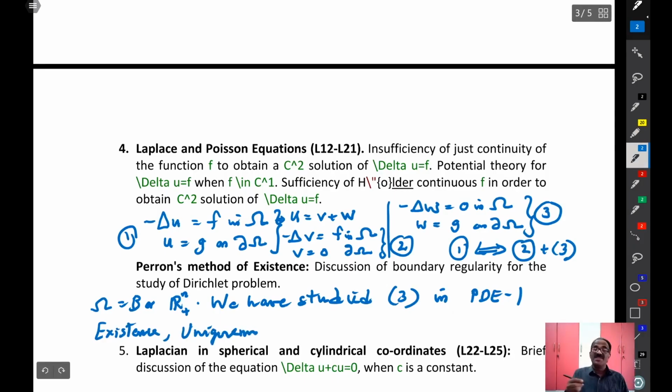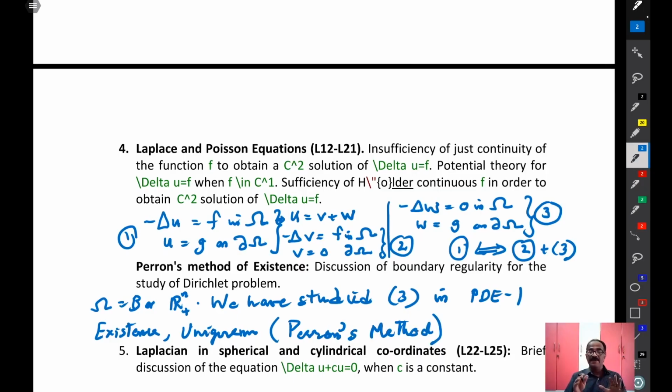In a more general setup, outside that, and that is via Perron's method. So we will spend some time, again not in a very detailed way, but we will try to introduce what is called Perron's method. Perron's method is for the study of equation 3, the homogeneous equation with non-homogeneous data on the boundary.